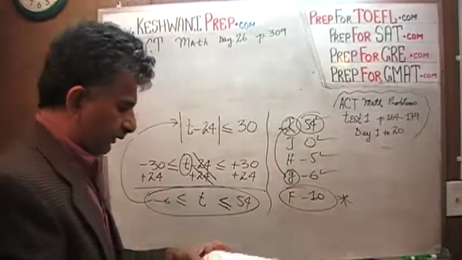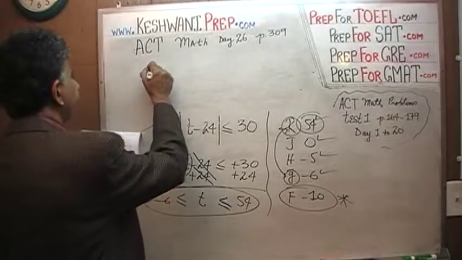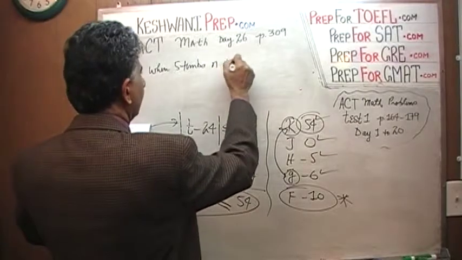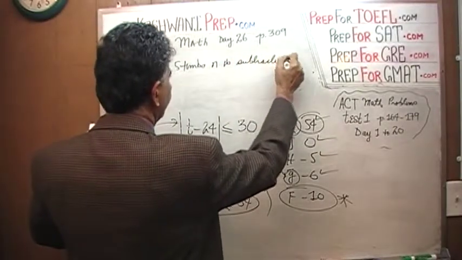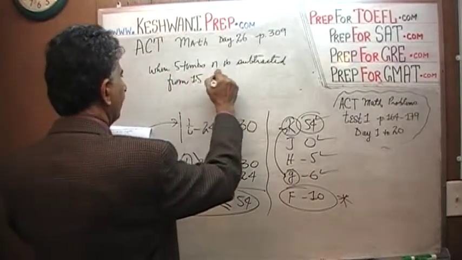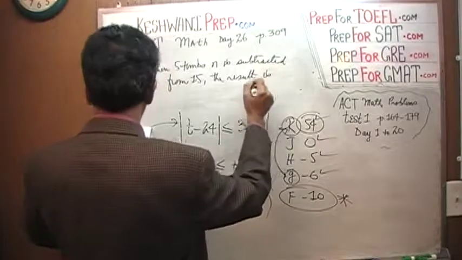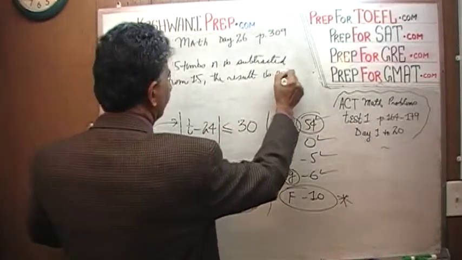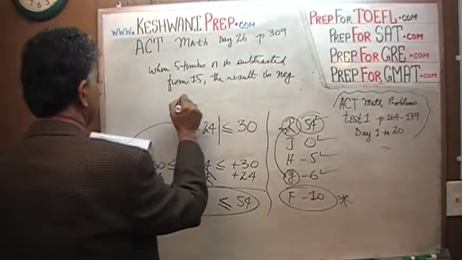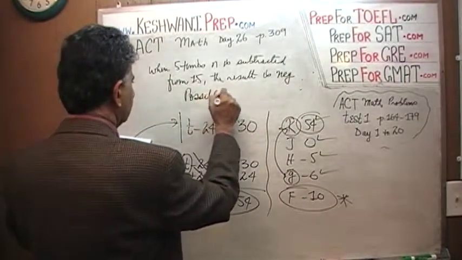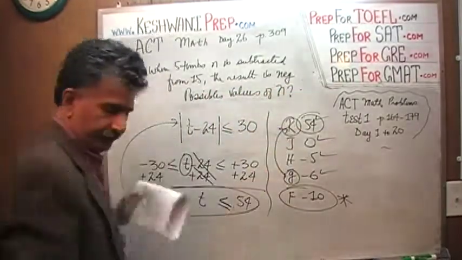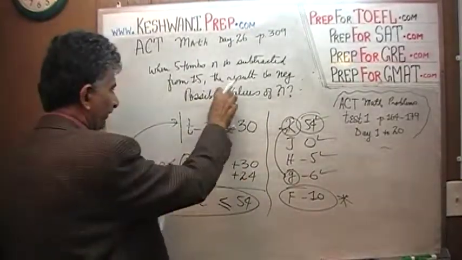It says, when 5 times n is subtracted from 15, the result is negative. The question is, what are the possible values of n?